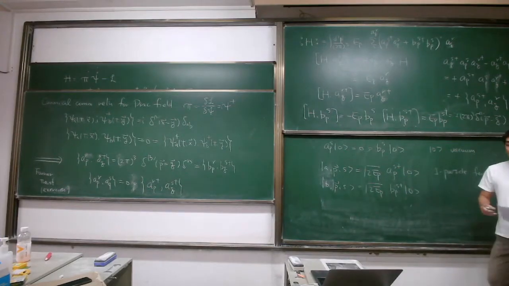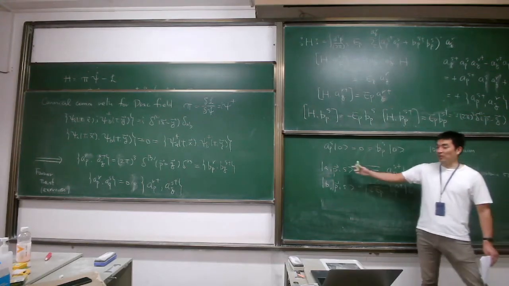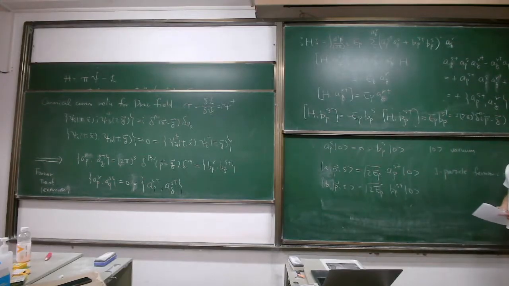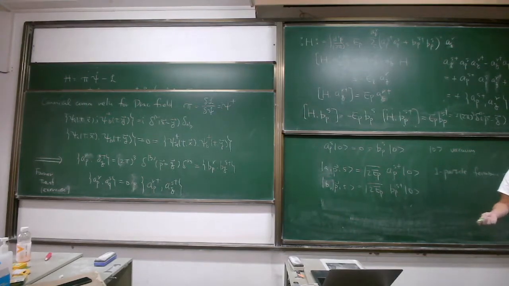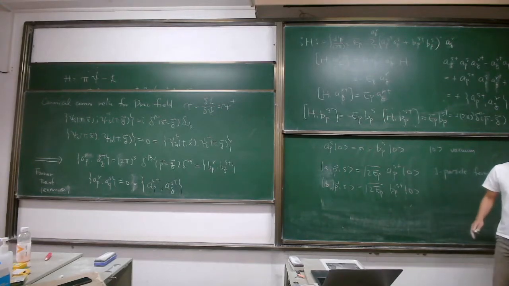So S means the spin, and P is momentum, and it has both the same spin and the same momentum. But there is some quantum number that distinguishes these two states.